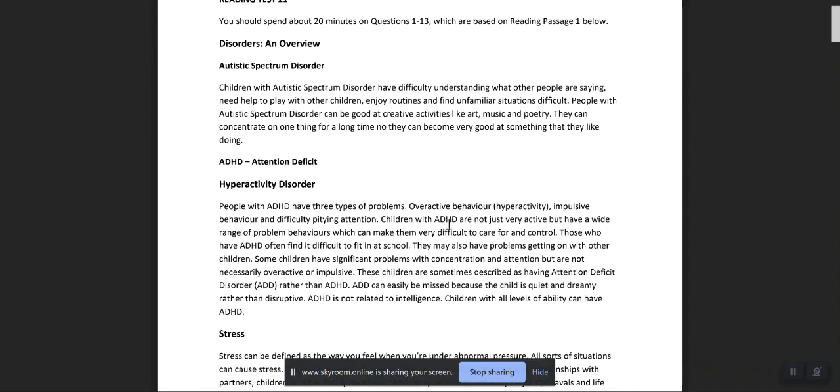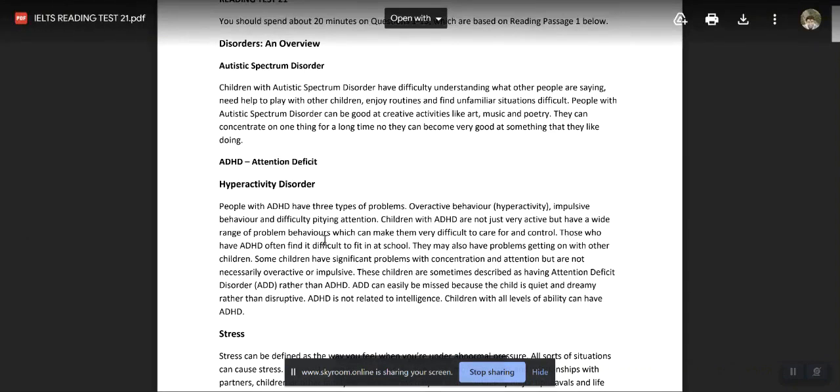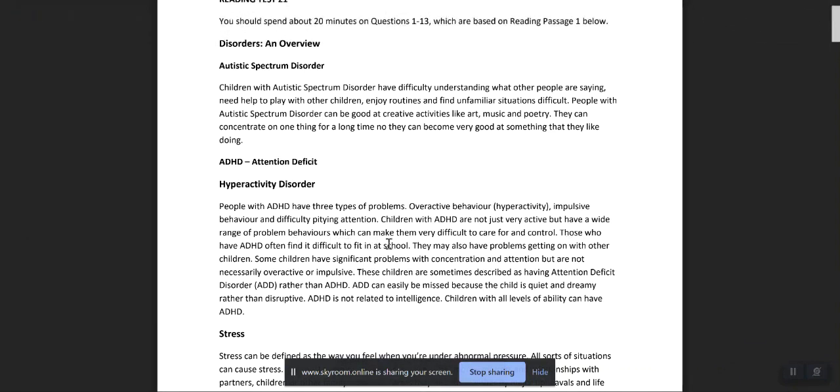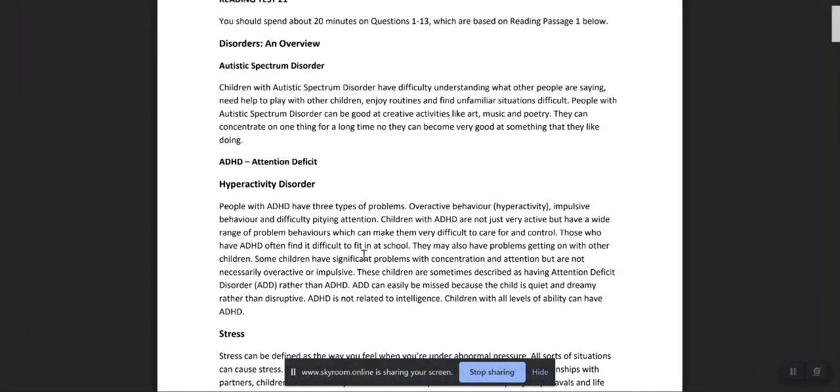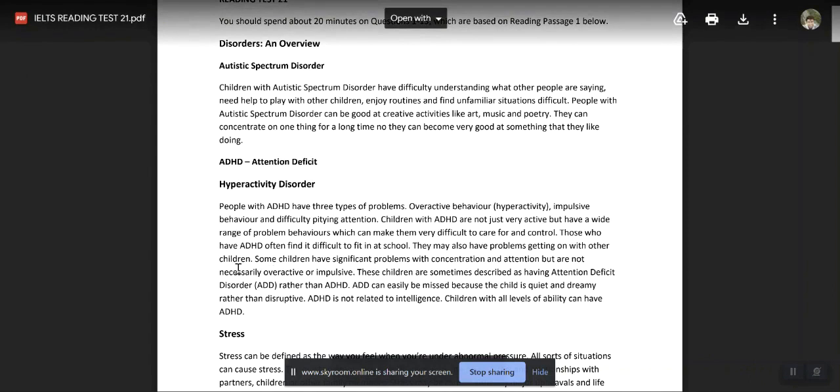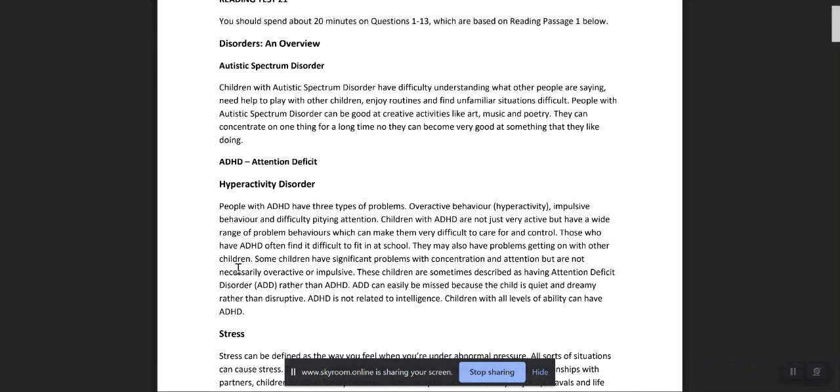Children with ADHD are not just very active, but have a wide range of problem behaviors, which can make them very difficult to care for and control. Those who have ADHD often find it difficult to fit in at school. They may also have problems getting on with other children. Getting on means starting friendship.